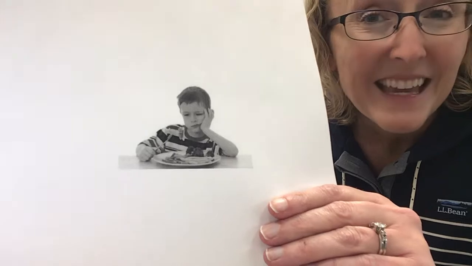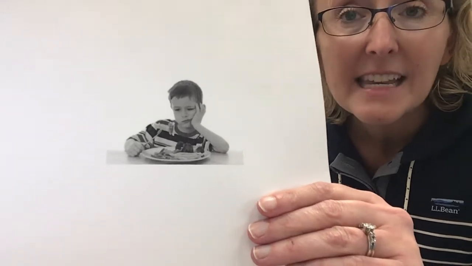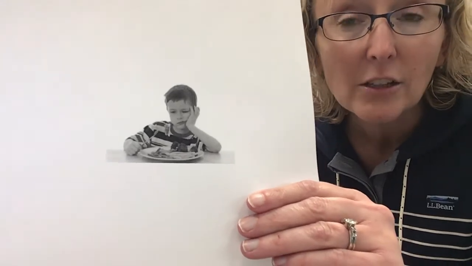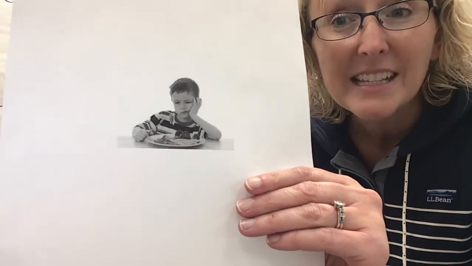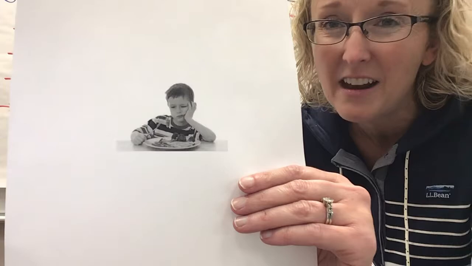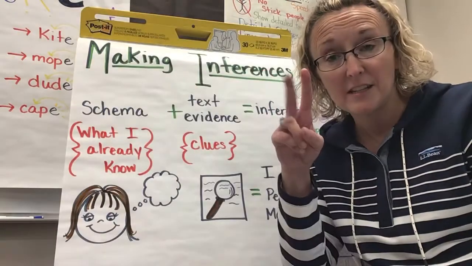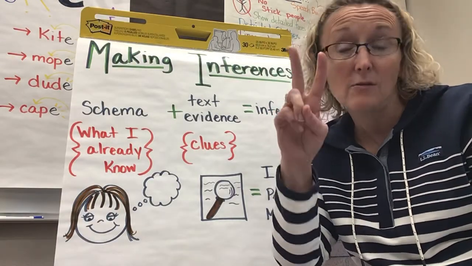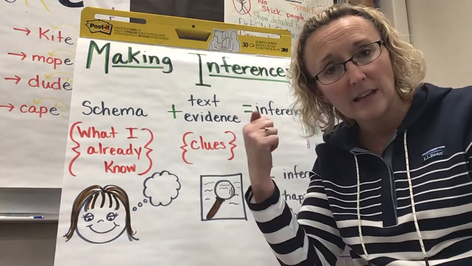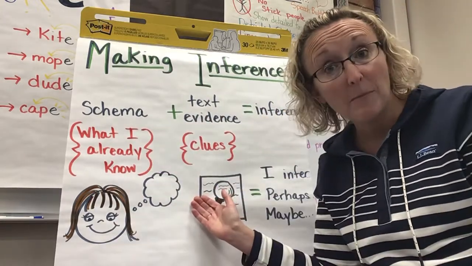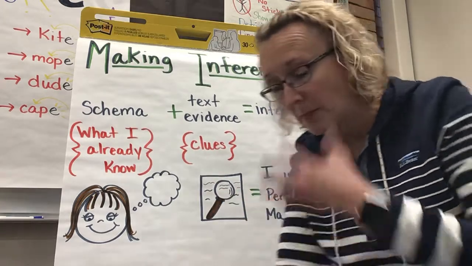Or maybe he's not hungry. That's another inference. I can look at the boy and think, maybe he's not hungry, because I know kids that look like that are not hungry. So I made two inferences. He doesn't like what's on his plate, or he's not hungry. And I used my schema, what I know about kids that look like that, and what I saw from the picture to make a decision.